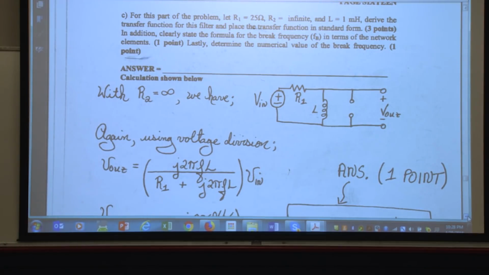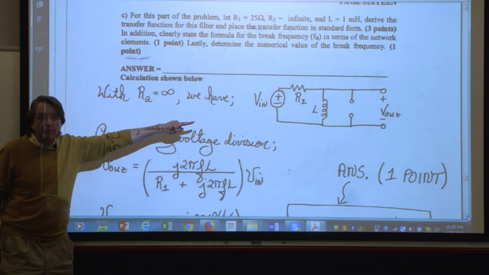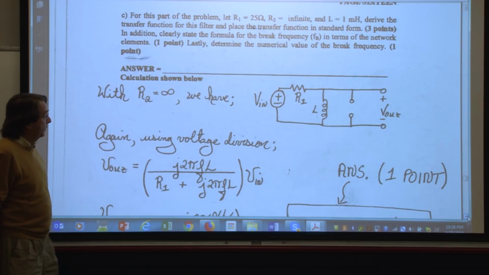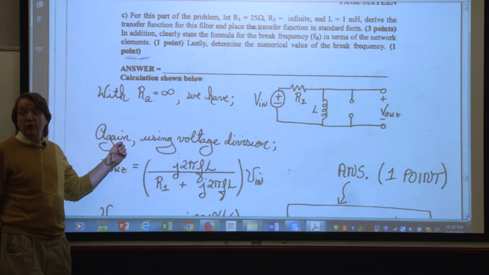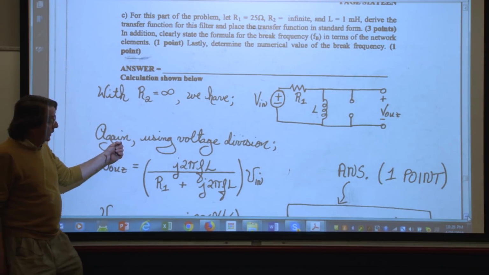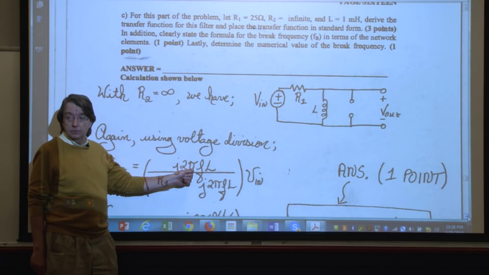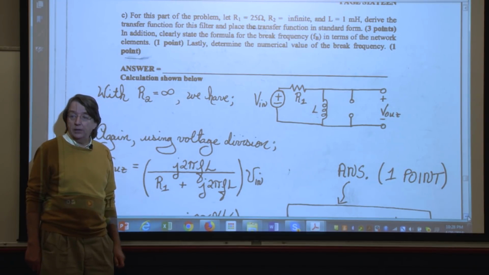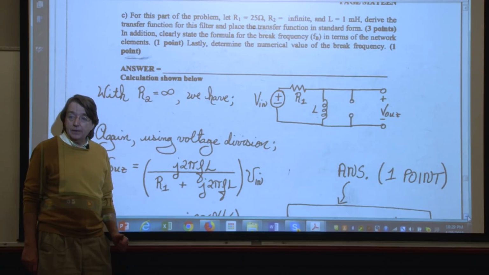Derive the transfer function and tell me the break frequency. For R2 equal infinity, the circuit becomes this. We're good because R2 is now an open circuit. Again, using voltage division, j 2 pi FL, since I want the voltage across the inductor, divided by R1 plus j 2 pi FL, times V in.